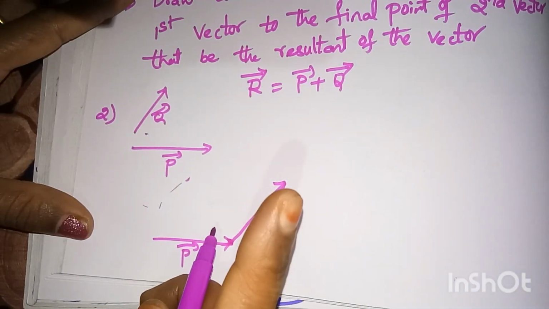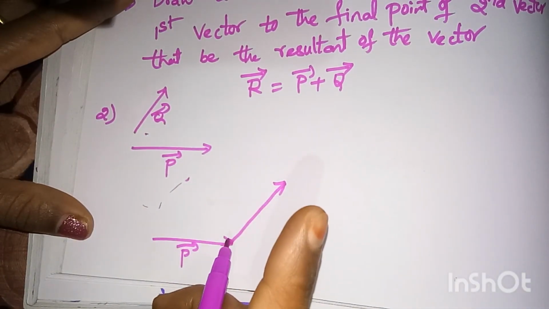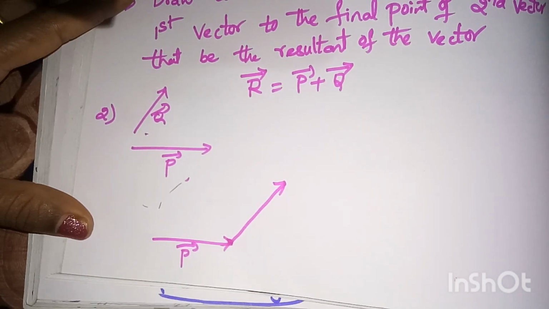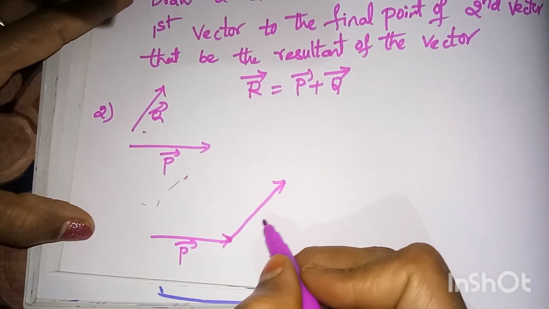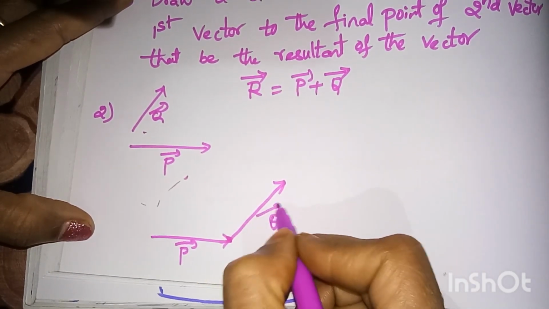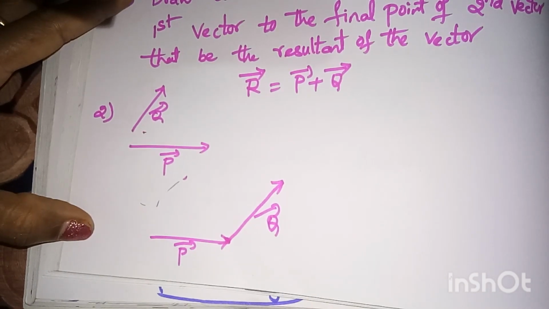When you are finding the resultant of vectors, there should be no change in the directions of the vectors. You can observe that for q bar there is no change in direction, and for p bar there is no change in direction. In this way you should find the resultant of vectors.